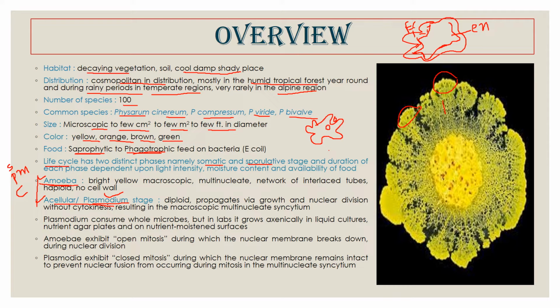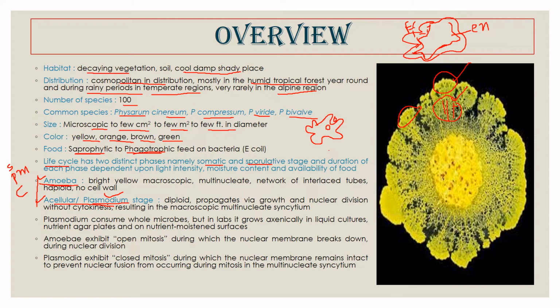So the streaming is a cyclic event, and this is called cyclosis. The endoplasmic streaming is called cyclosis, and this type of streaming is observed where? In the endoplasm, and also in the reticulum-like structures present in the posterior region.